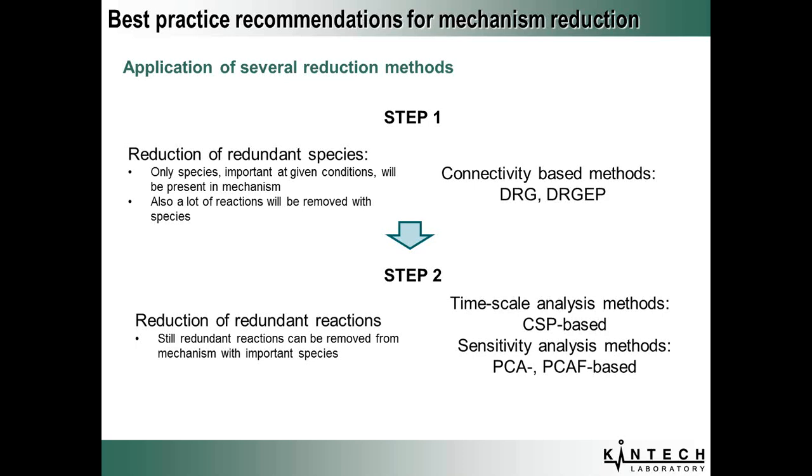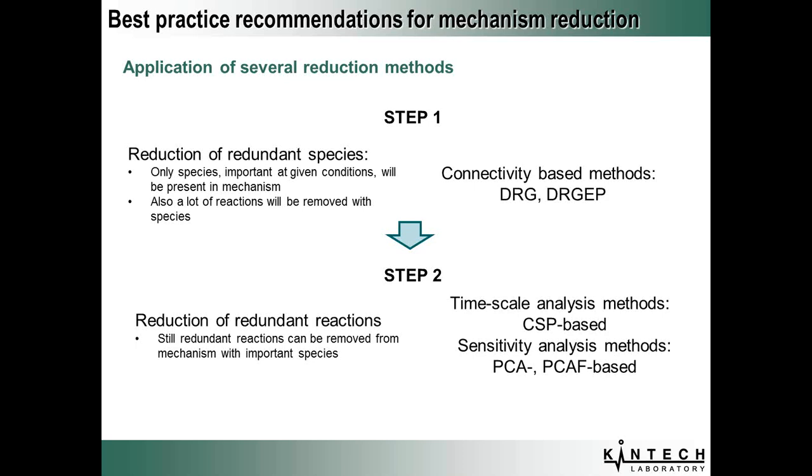And as a result, you have a mechanism with species which are all important for the process you need to simulate. But then maybe in your mechanism you have some reactions which are still redundant, just because their contribution to production or consumption of every important species is negligible. Then you need to apply some type of the methods which are concentrated on removal of the redundant reactions.